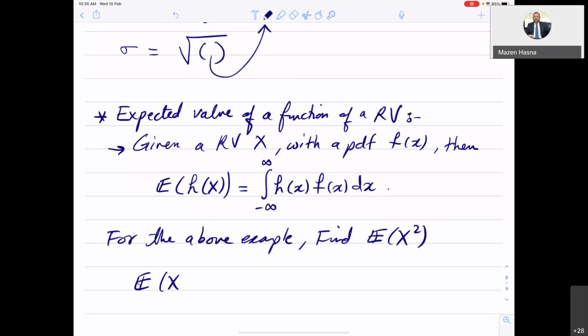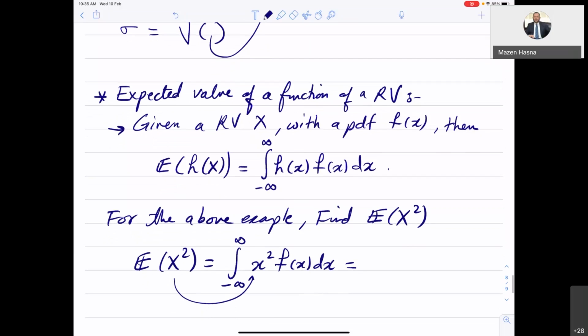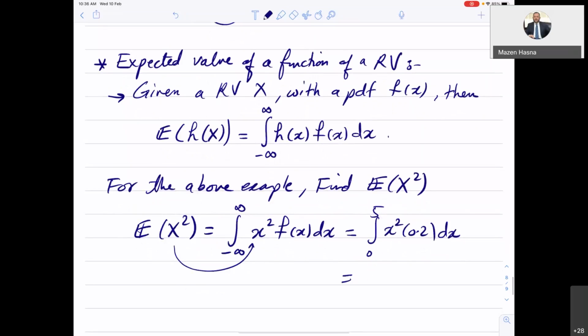Expected value of x squared, we know that we just take the same function inside, so it's x squared f of x dx, and this is exactly what we did. So it's from 0 to 5 x squared times 0.2 dx, which is 0.2 over 3 times 125.